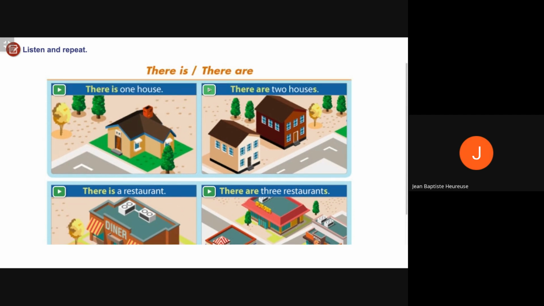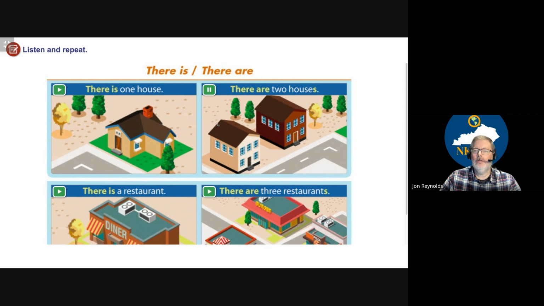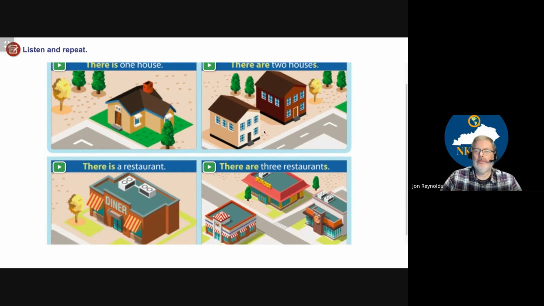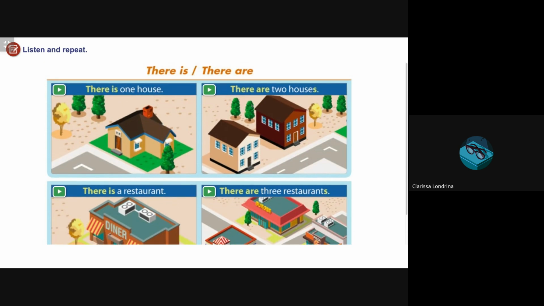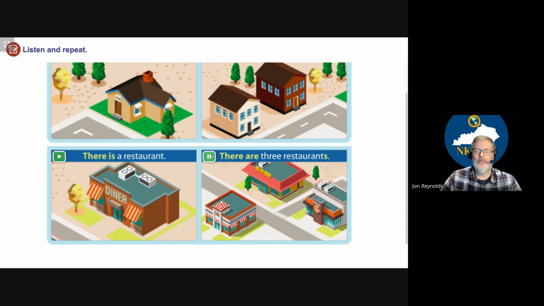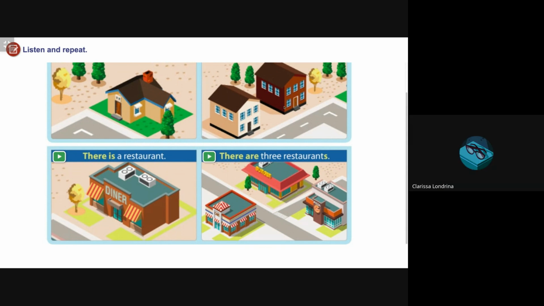Okay, over on the right side. There are two houses. There are 3 houses. There are 3 restaurants.